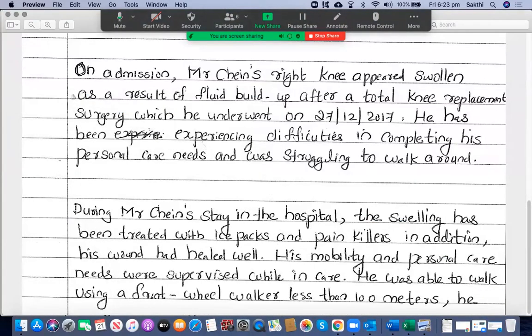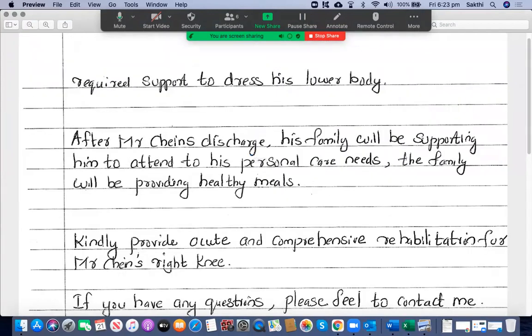All right, let me go through the next one. I'll close this one because that's done already. His family will be supporting him to attend to his personal needs. You could have mentioned will be supporting him to meet his personal care needs. You don't need to say to attend to his personal needs.